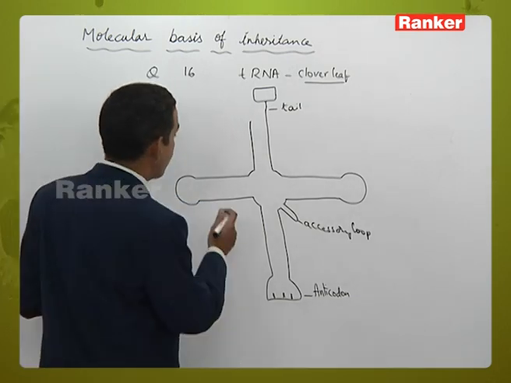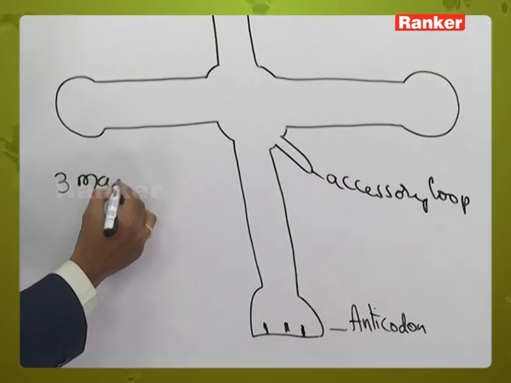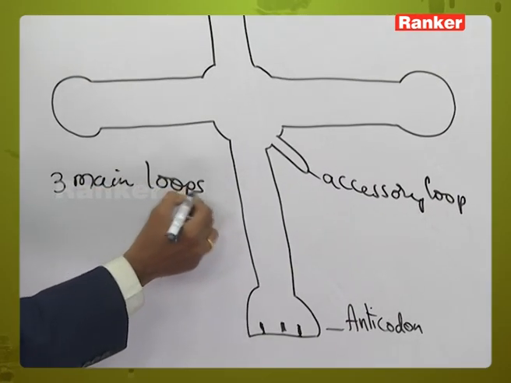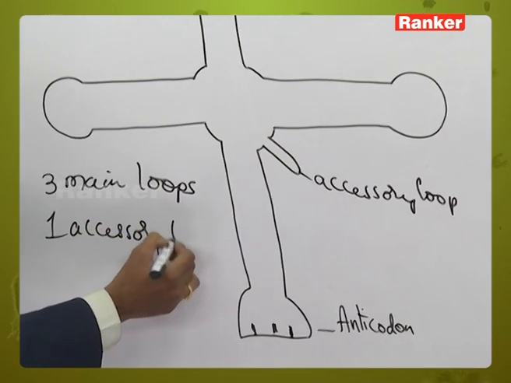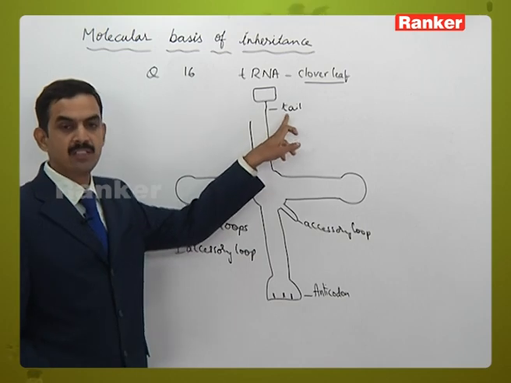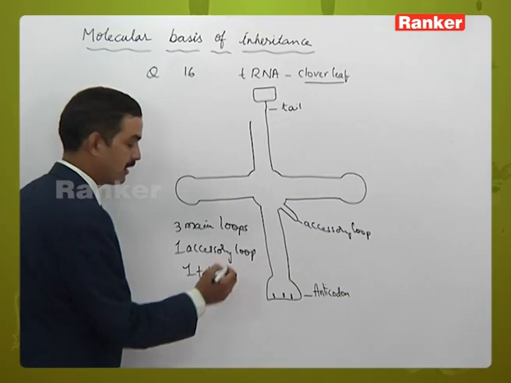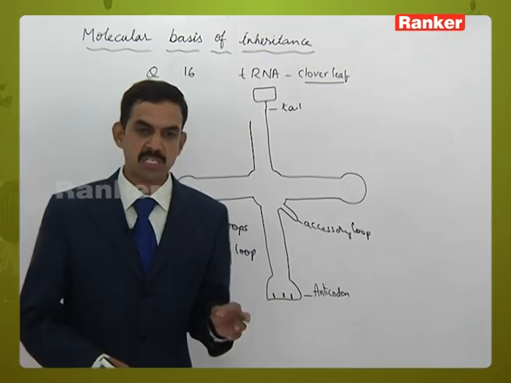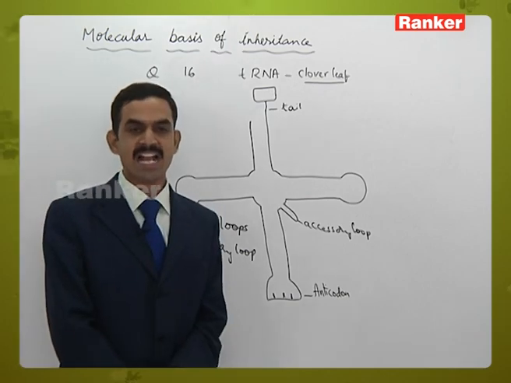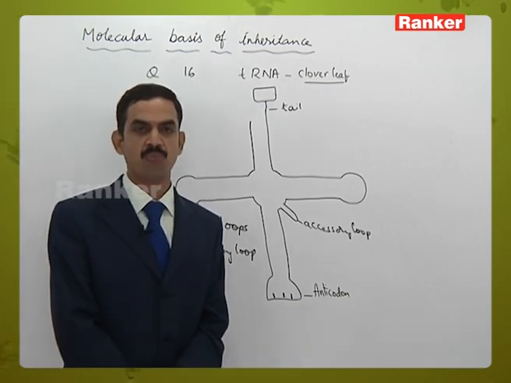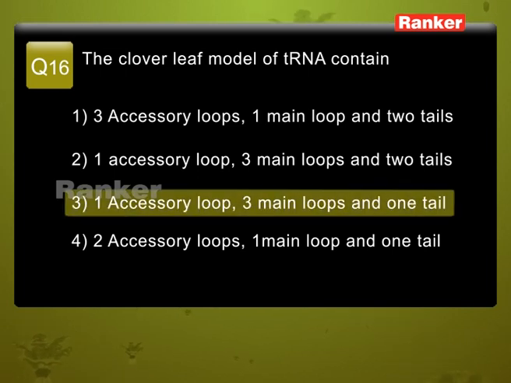So that a total of 3 main loops are present, 1 accessory loop is present, and 1 tail end is present. So likewise in the given options we can say that 1 accessory loop, 3 main loops and 1 tail is the exact answer that is related to the clover leaf model of tRNA molecule. So question number 16, the correct answer is 3.